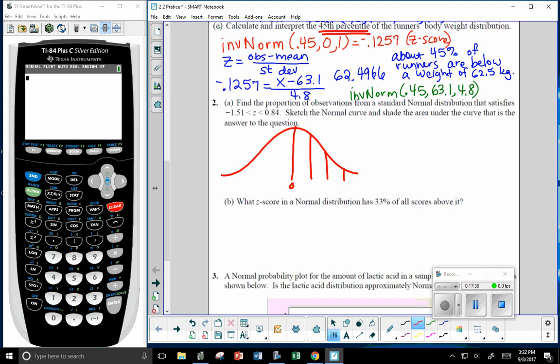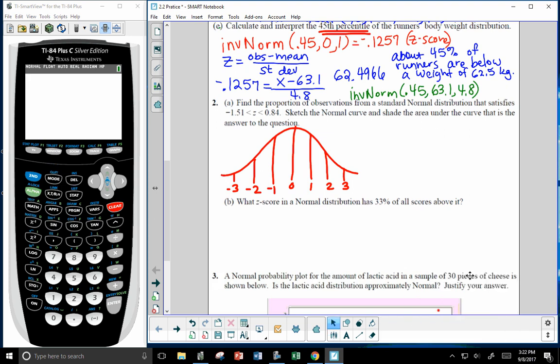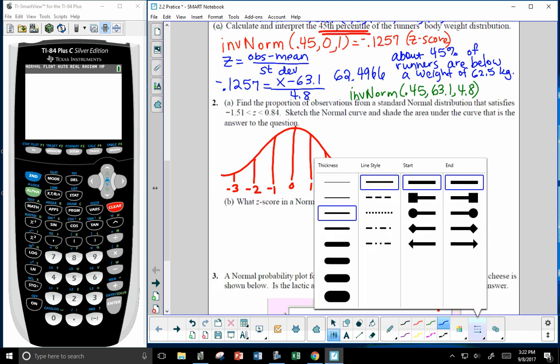And so what I would do on the calculator is just do normal CDF. My lower bound is going to be the negative 1.51. My upper bound is going to be the 0.84. And we're dealing with z-scores, so we have a mean of 0 and a standard deviation of 1.